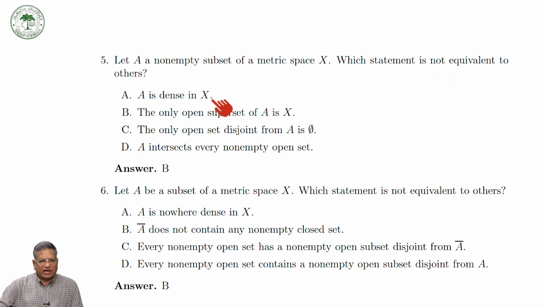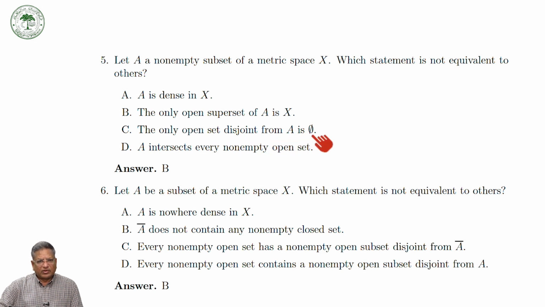A is dense in X. Only open superset of A is X. No, if A is dense in X, then the only closed superset of A is X. This we have proved, not for the open set. So this statement is not correct.